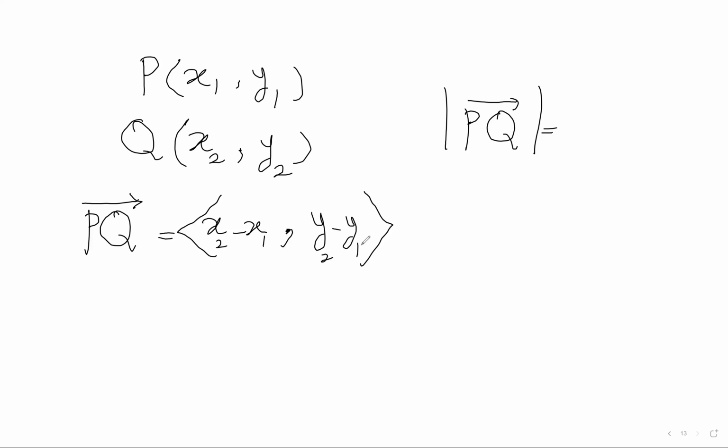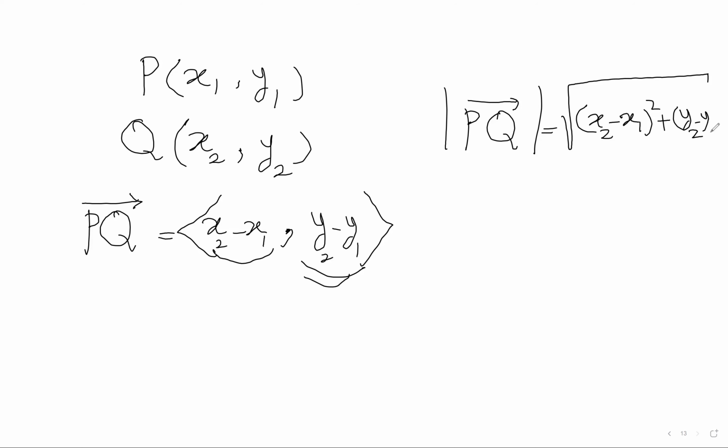So the length of PQ is going to be radical of this first coordinate squared, x2 minus x1 squared, plus the second coordinate squared, y2 minus y1 squared.